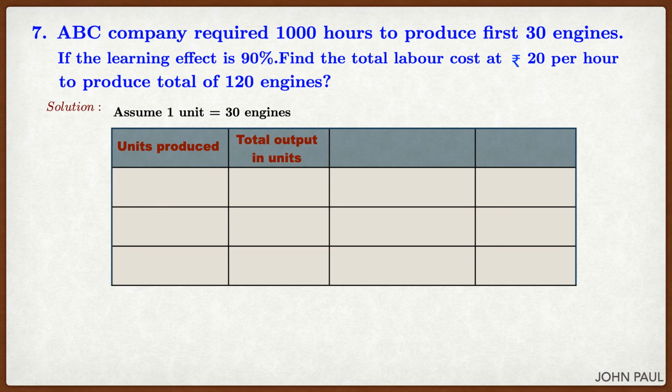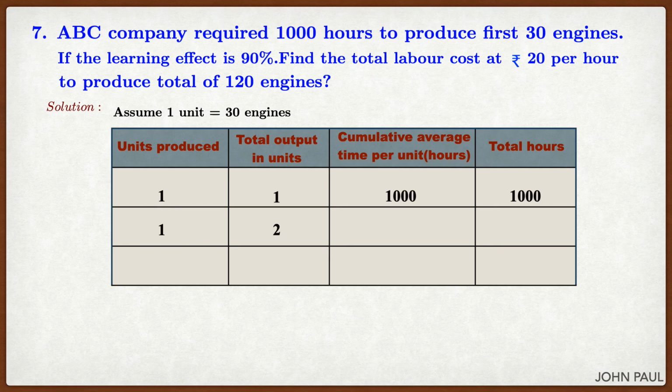Total output in units, cumulative average time per unit in hours, total hours. Take one lot. For one lot 1000 hours they are given, so total hours is 1000.